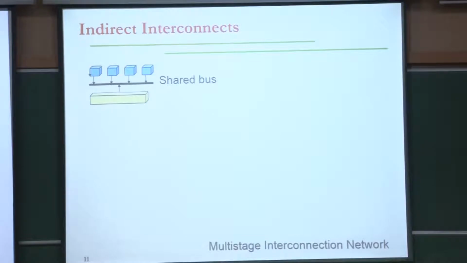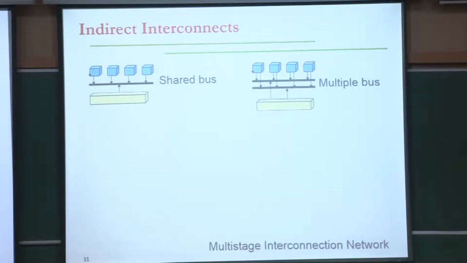Here are examples of indirect interconnection. You can see that I have a set of processing nodes and a memory module, connected by means of a shared bus. The shared bus is an indirect interconnect network, the medium through which the processing nodes and memory are connected.